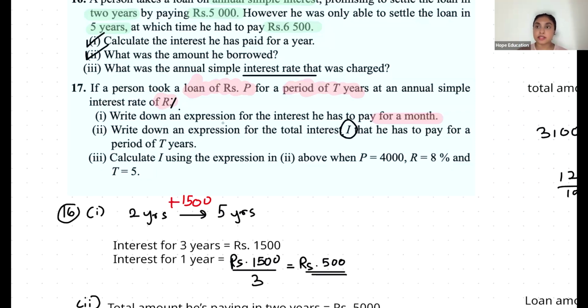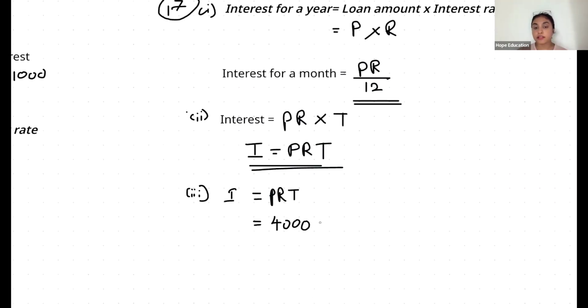If it was a percent, they could have given R percent, right? That's why, because later for R, they are giving it as 8%. Later only they are giving the percentage. Initially, you just have to use the letter. So R is 8%. Okay, so that is 8 over 100 and T is 5.